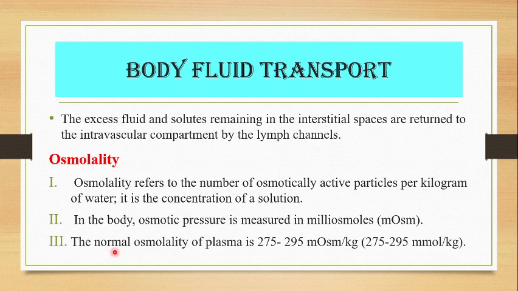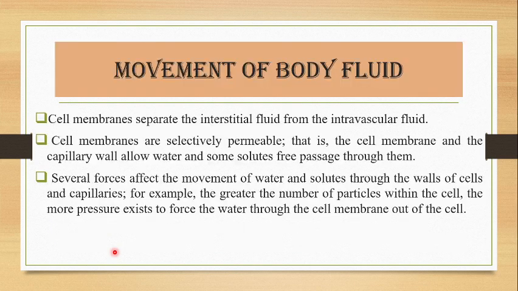Osmolality is based on the weight of the water, per kilogram of water. Osmotic pressure is measured in milliosmoles. The normal osmolarity of plasma is 275 to 295 milliosmoles per kg. Movement of body fluid: the cell membrane separates the interstitial fluid from the intravascular fluid.